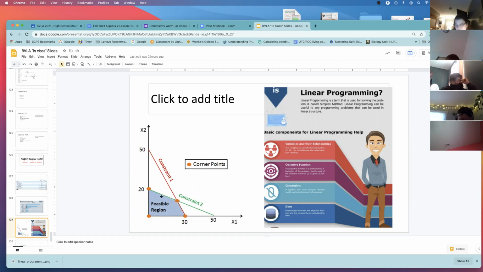The far edge pieces that you could do is 0, 20, and then this part in the middle, might be 25, 24, whatever, and then 30, 0. Most of the time it's going to be this point of intersection right here, and you plug these points from this point of intersection into the objective function.